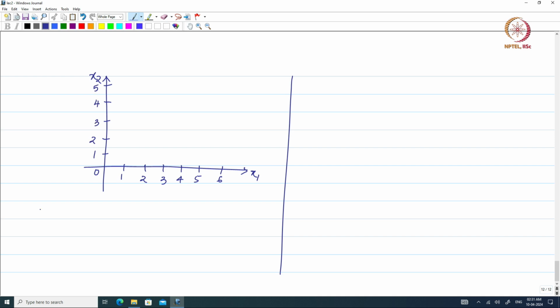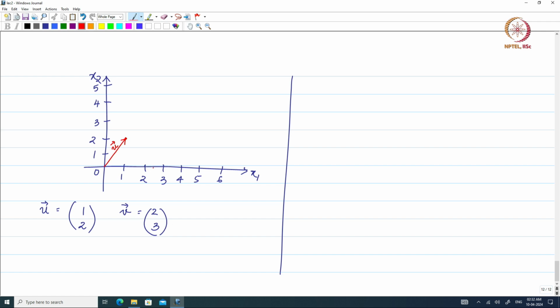I am going to take the vector u to be equal to, let us say, 1, 2, and v is equal to this vector, let us say 2, 3. So, the vector 1, 2 is going to be here. Let us mark it this way, this is the vector u.